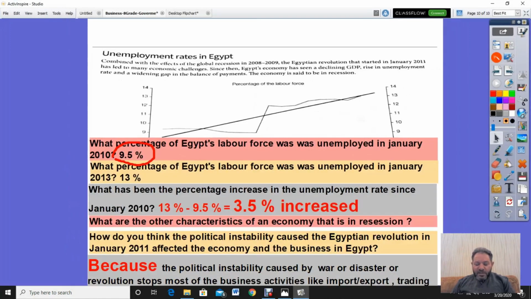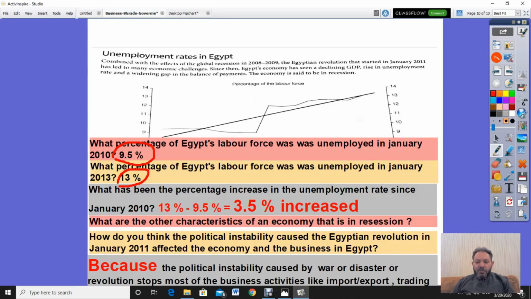So the answer to the second question related to the case study, page 303, is 13 percent. And the question C, what has been the percentage increase in the unemployment rate since January 2010?